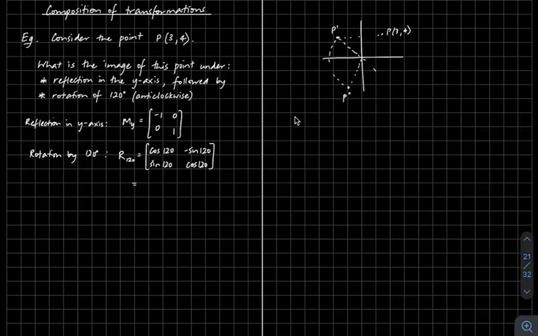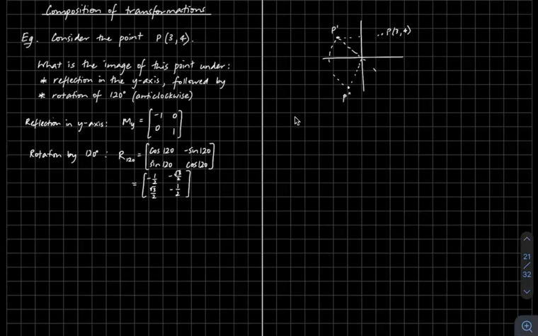And let's give those some exact values. So 120 for cos, both of those would be negative a half, wouldn't they? So that one and that one, negative a half. Sine 120 is going to be positive, so that one's going to be root 3 over 2, which means the negative of sine 120 will be negative root 3 over 2. So those are the two matrices that we can use to produce those transformations.